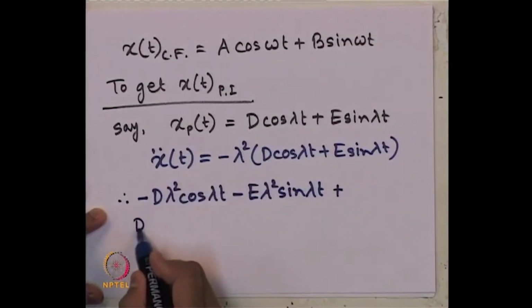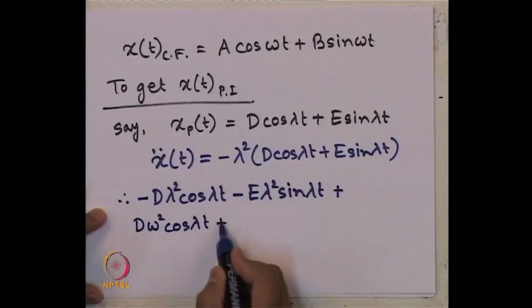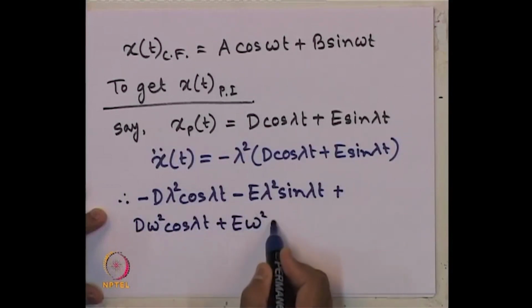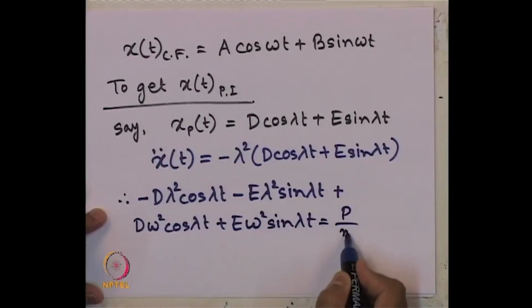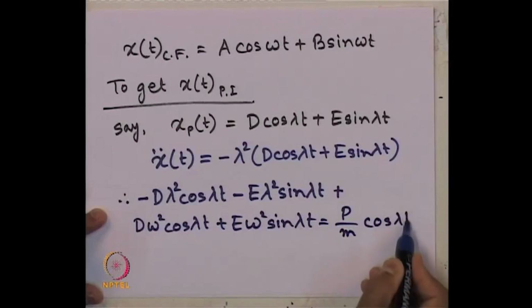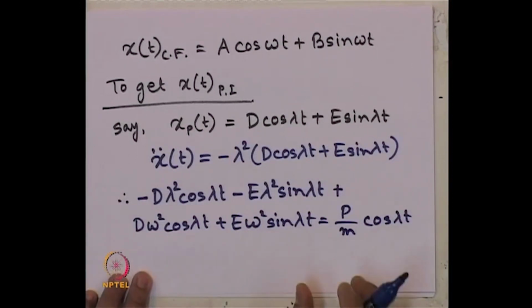So, d omega square cosine of lambda t plus e omega square sine of lambda t, that is equals to p by m cosine of lambda t. And what we had learned, that now we can equate the cosine components and sine components on both sides.